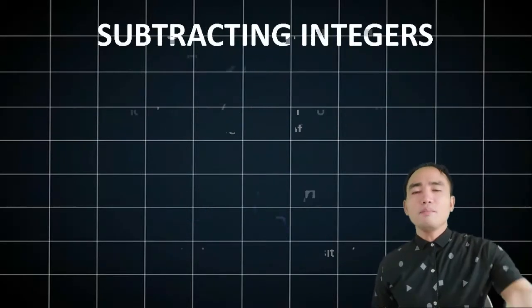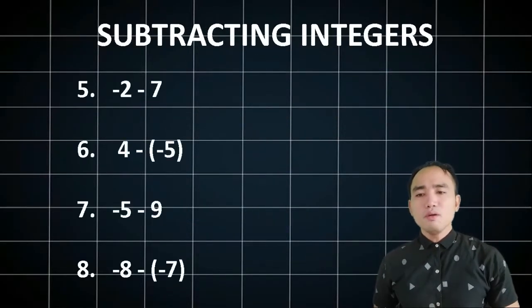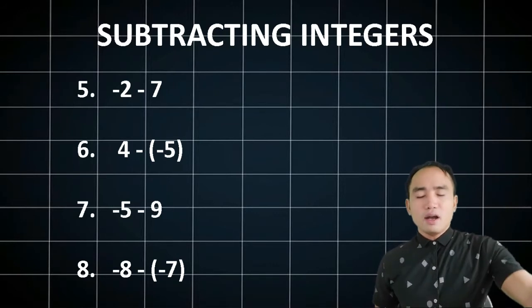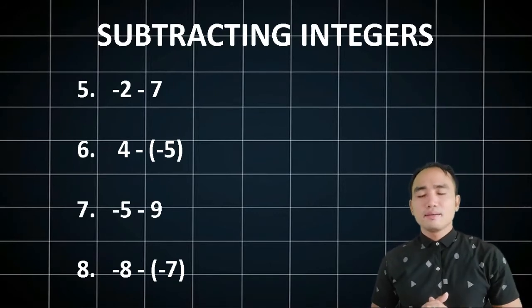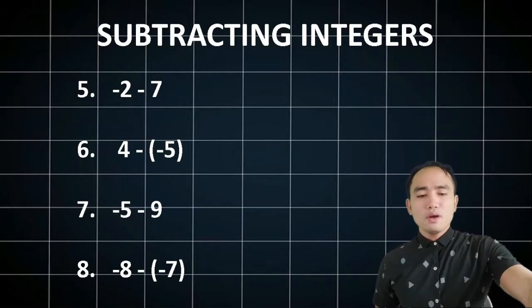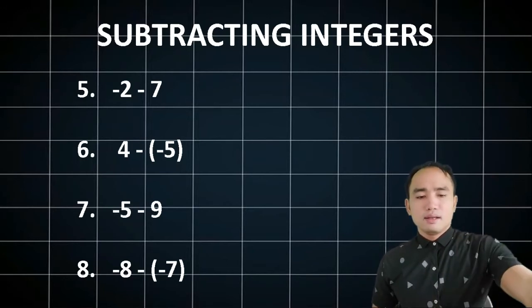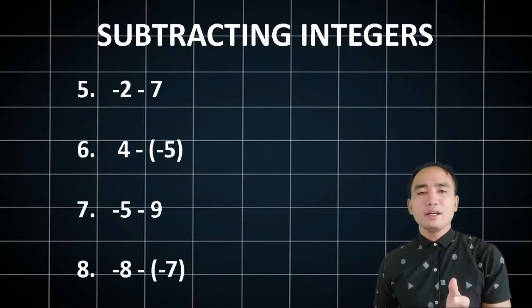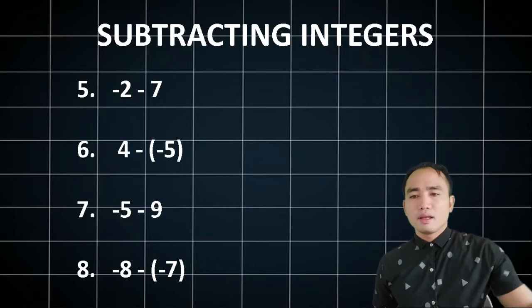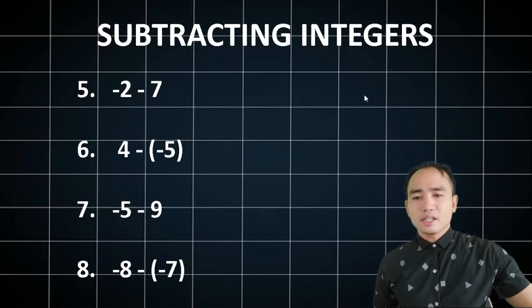Examples. Negative 2 minus 7. According to the rule, we have to get the opposite of B, which is 7. So 7 here is positive, and this sign is subtraction.